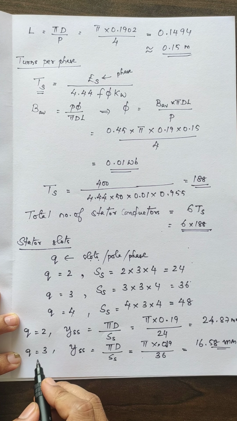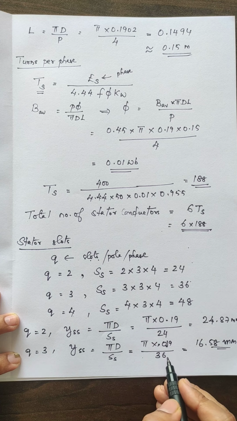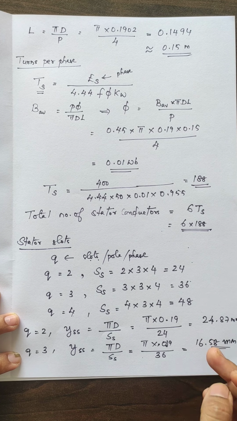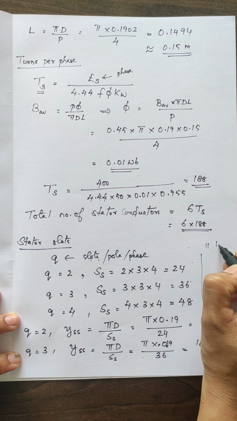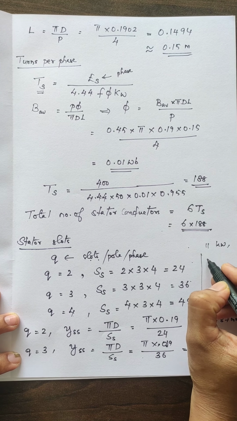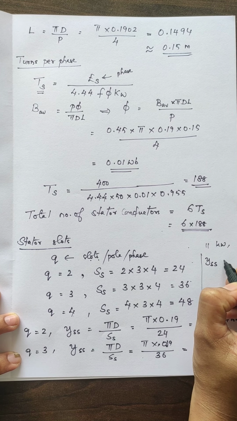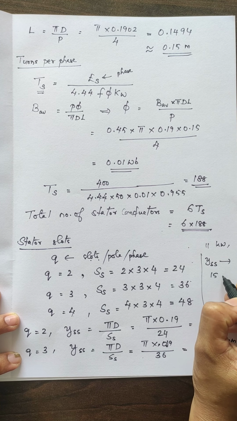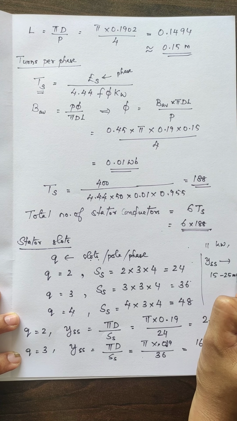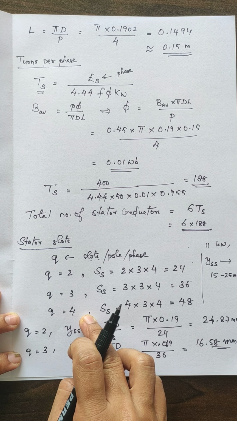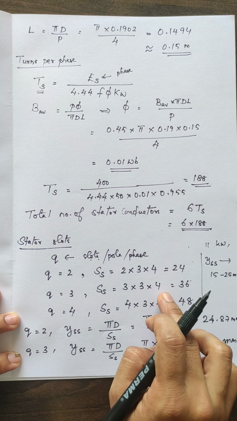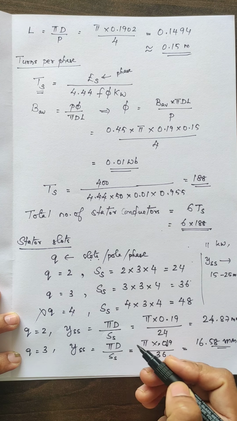And if we choose Q equal to 4, it will be a value which is less than 15 mm. So here this machine is a large machine, an 11 kilowatt machine, and YSS should be in the range 15 to 25 mm. So if we choose Q as 4, it will be less than 15 mm. So we cannot use this.